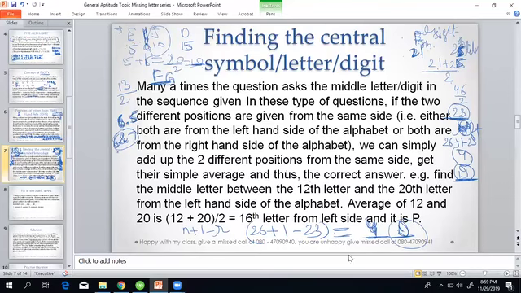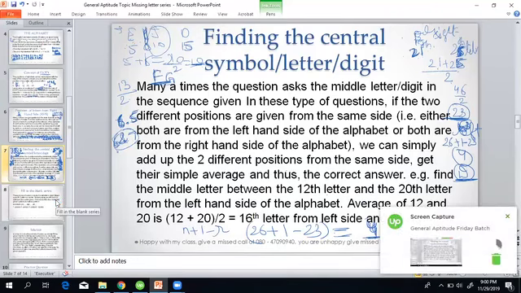But if one position is from the left hand side and one is from the right hand side, then convert the right hand side position to the left hand side position, find the letter's position from the left hand side, and do the same process. Does this make sense? Please let me know if you have any doubt with this.